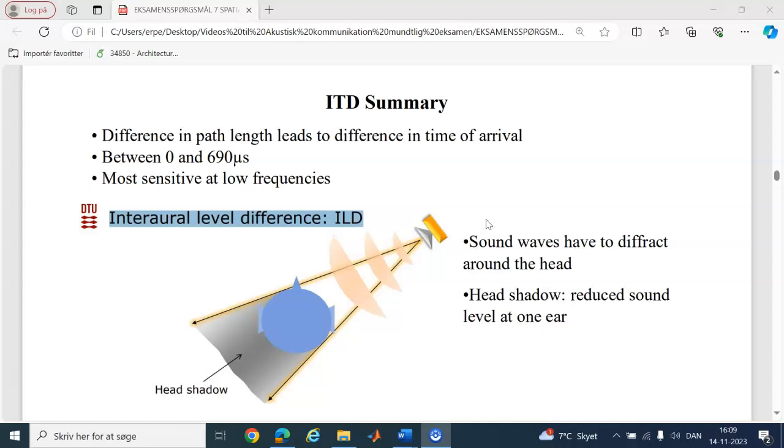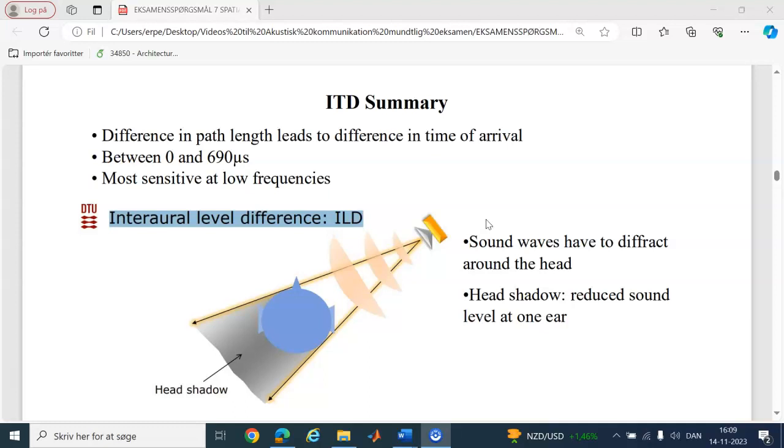Then we have the interaural level difference. Sound waves have to diffract around the head.